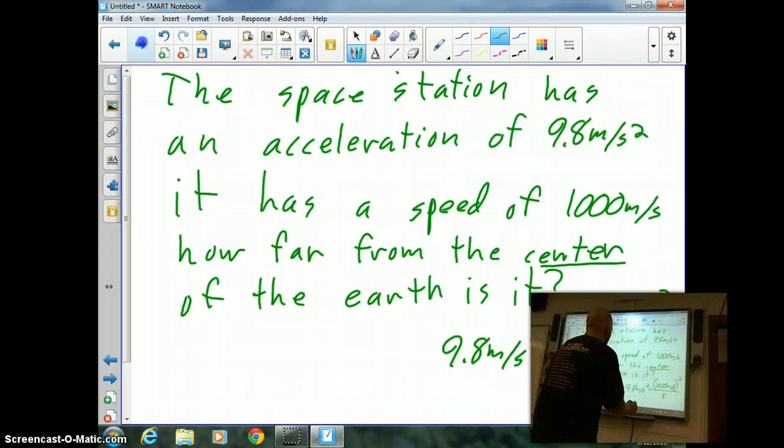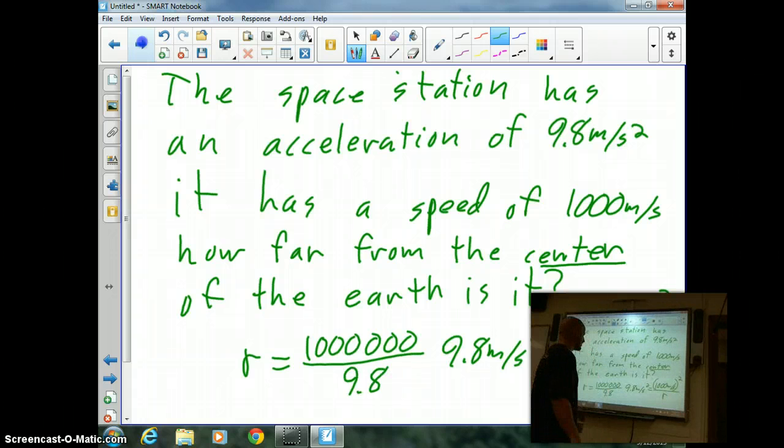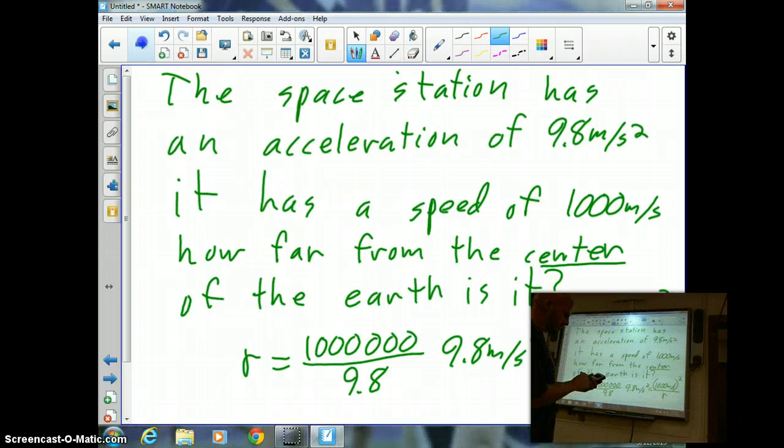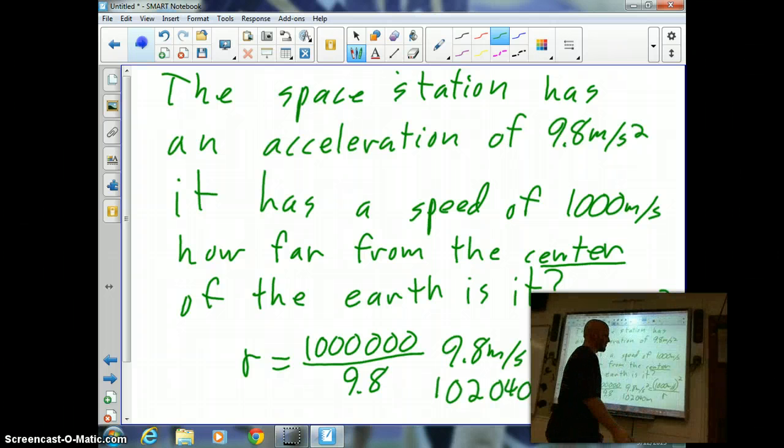So we rearrange this and we end up with r equals 1,000, or actually 1,000,000, let's go ahead and square it, over 9.8. So it is 102,040 meters from the center of the Earth. So it's only 102 kilometers up. When you really look at the grand scheme of things, that's not that far.